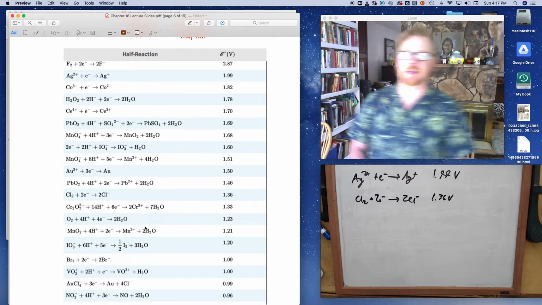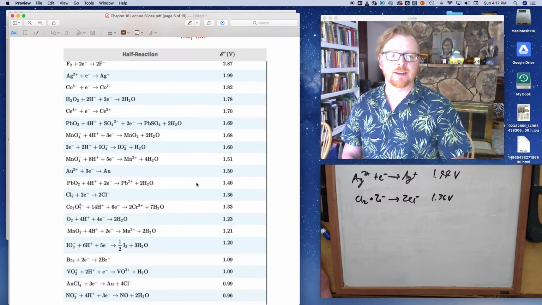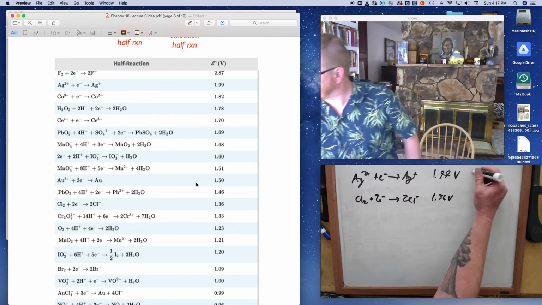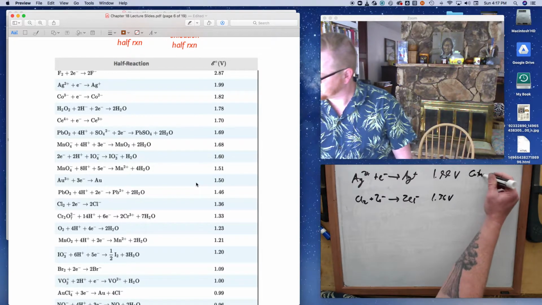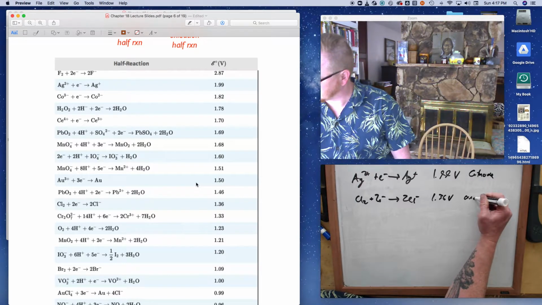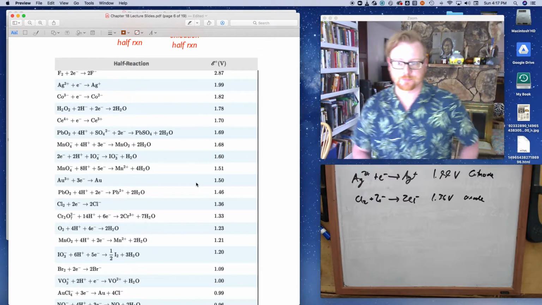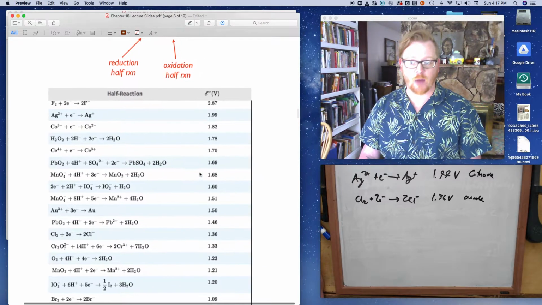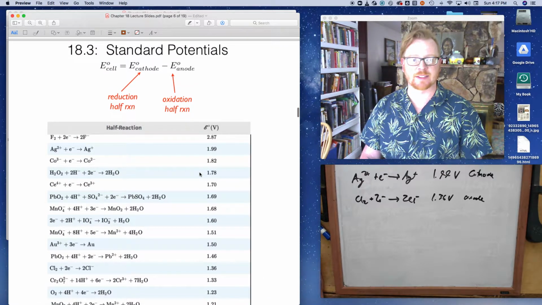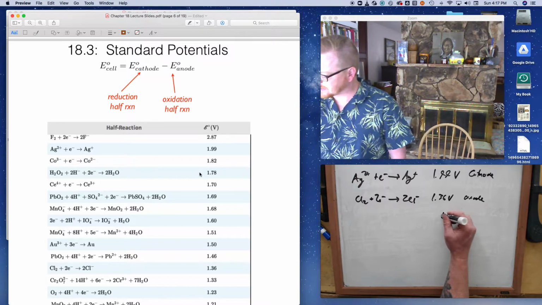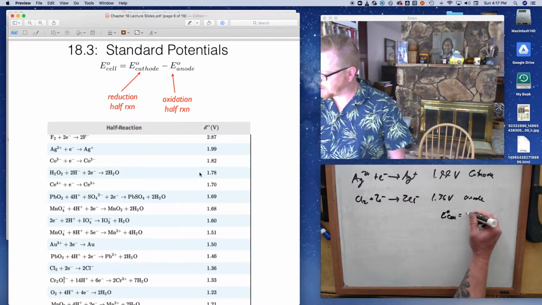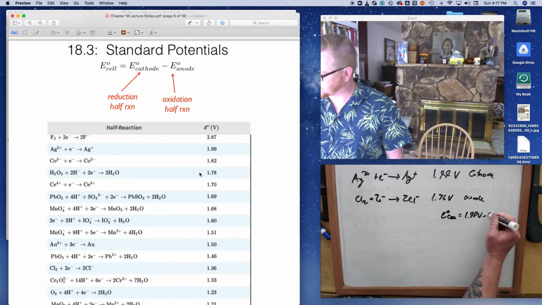So if I pick silver to be the cathode, and I pick this to be the anode, and I'll tell you how I know I can pick that one as the cathode and that one as the anode, then I can simply say E cell is 1.99 volts minus 1.36 volts.